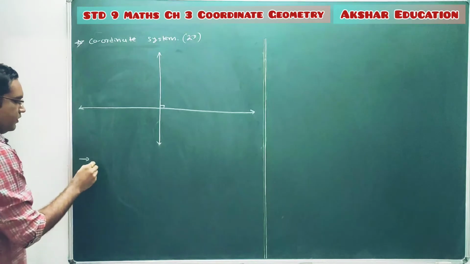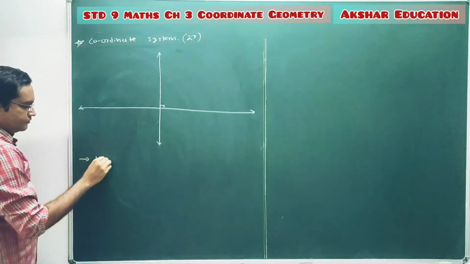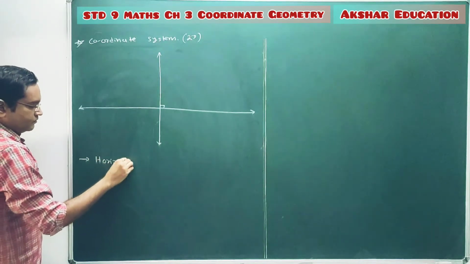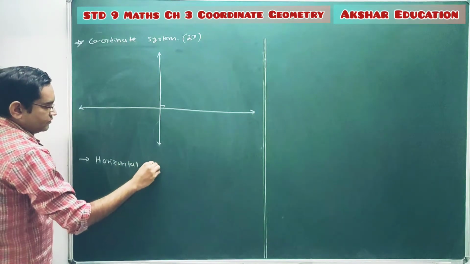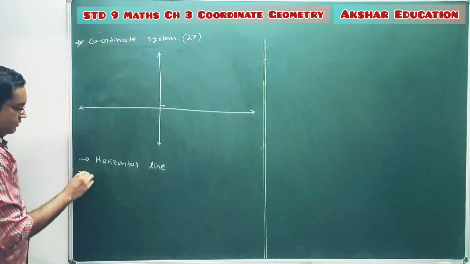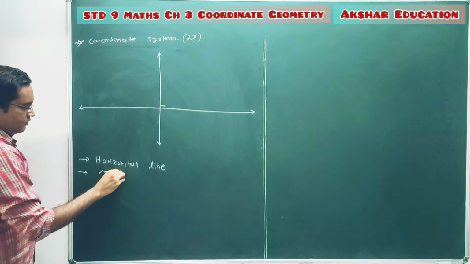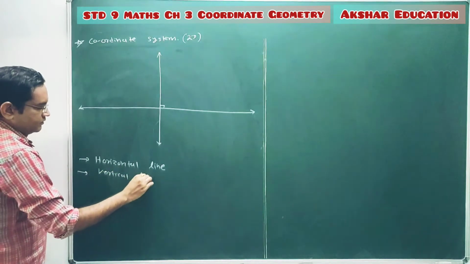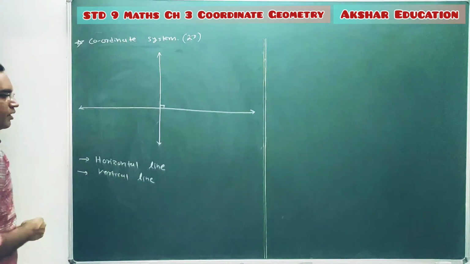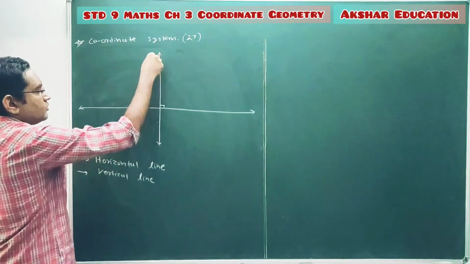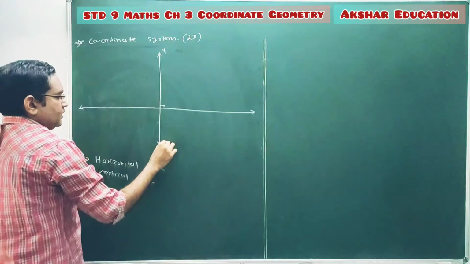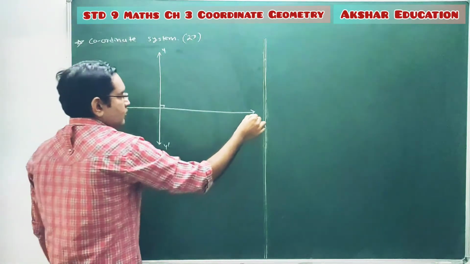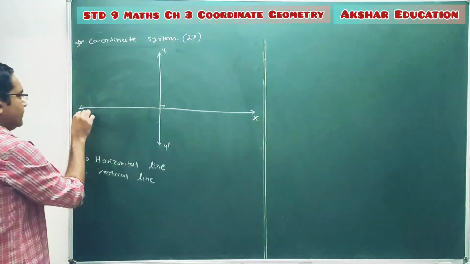It consists of one horizontal line and one vertical line. And these two lines are perpendicular to each other. So suppose this vertical line is Y dash, and this horizontal line is X dash.